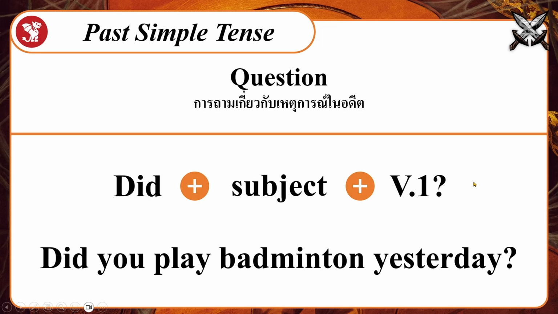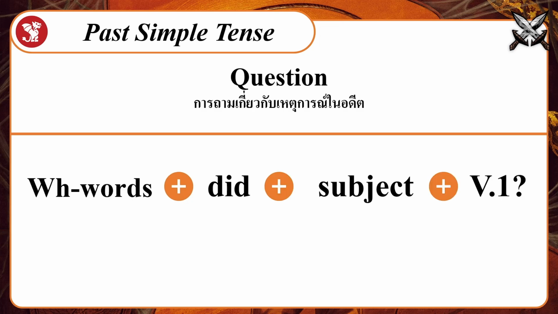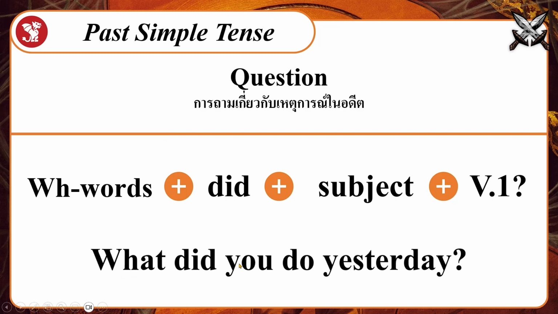We use this question to ask about an action that happened in the past, or you can add WH question words in front of did. For example, what did you do yesterday? Or when did you wake up yesterday?